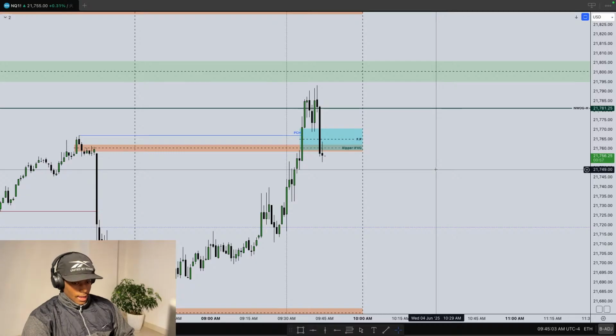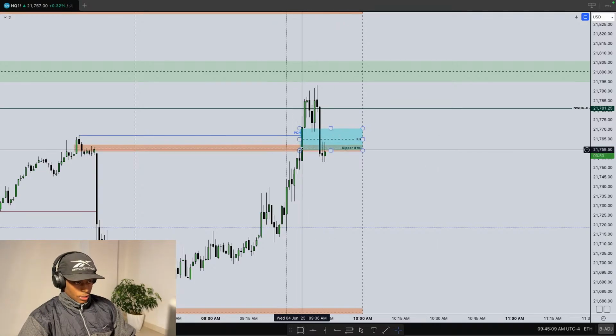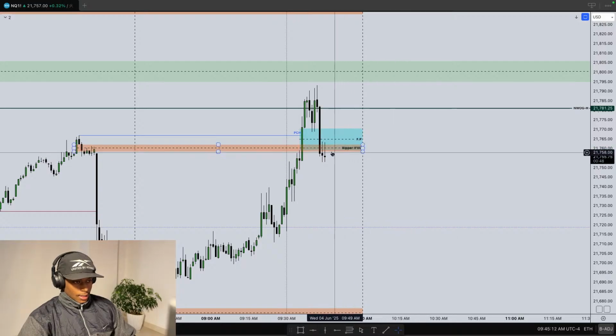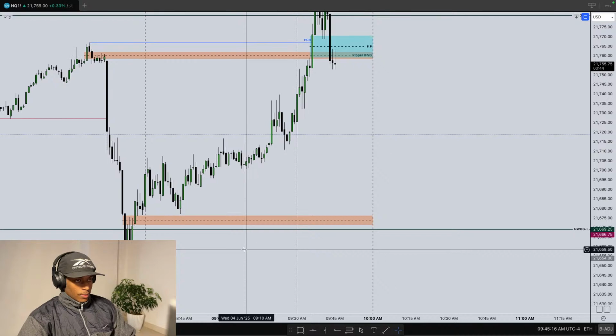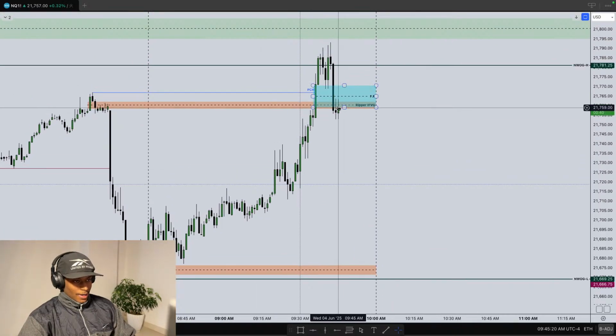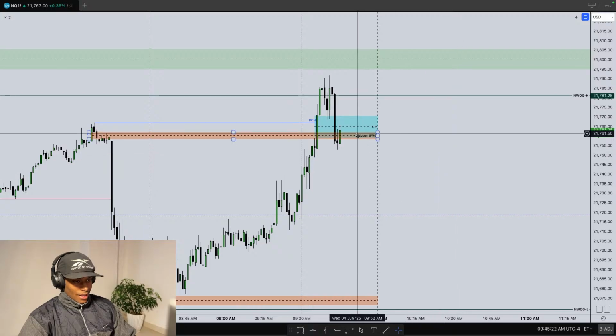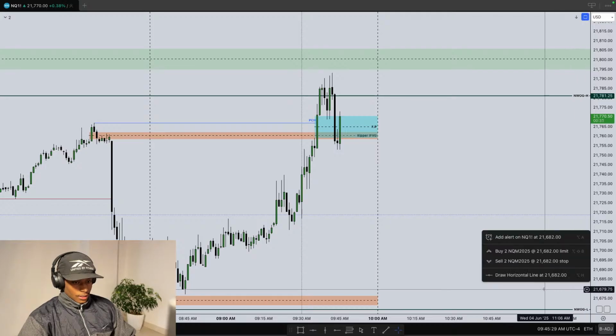Okay. Now, can 9:45 show us a willingness to close above this first presentation, or does it stay below it? Just like I said, even if price shifts from here and starts going straight to this low, I really wouldn't care about catching a top here, because my model doesn't allow me to do that.